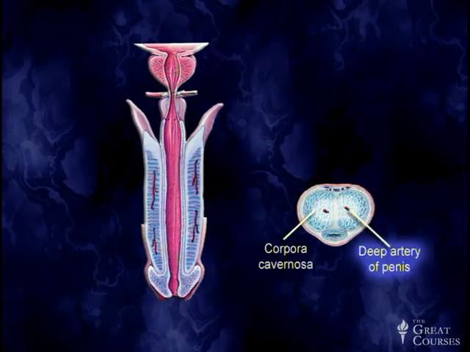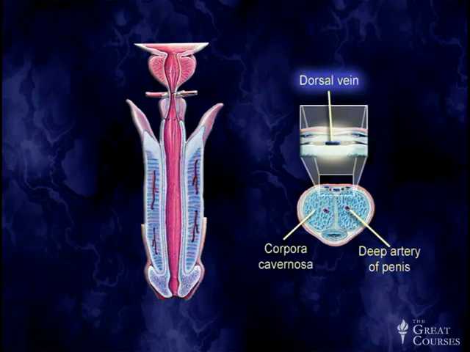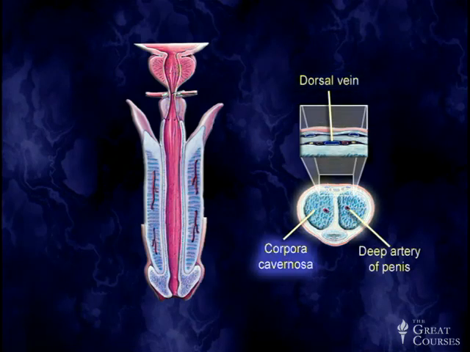Now, when the right reflexes are sent to the penis during sexual stimulation, the artery opens up more widely, and the vein, the dorsal vein of the penis, which is shown here at the top, closes down. And so what happens is this spongy material fills up with blood. So erection is a function of the blood engorgement of the penis, mainly in these two bodies.